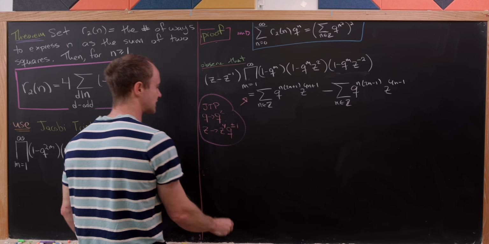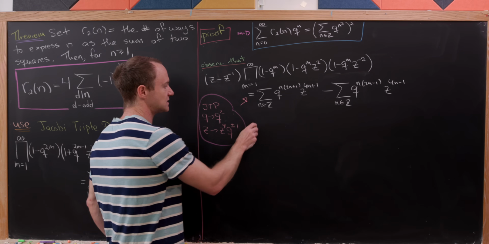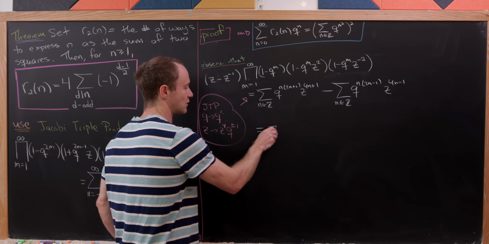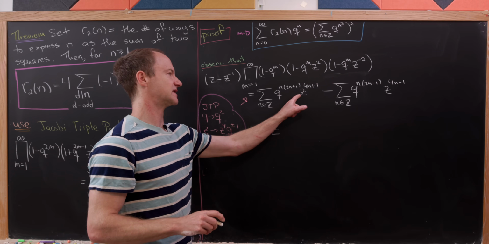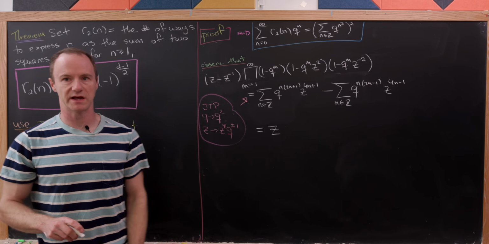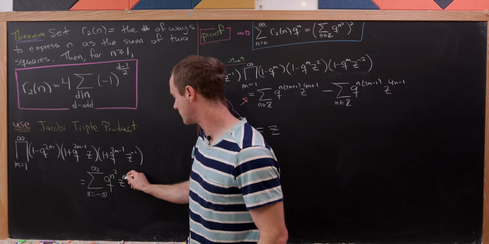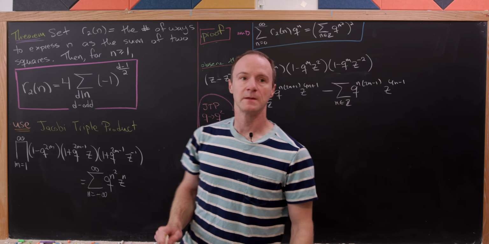So now let's see what the Jacobi triple product identity with that will give us. So for the first one we'll have a z, so that's factoring this z to the plus 1 out and leaving the z to the 4n in there, because that's really what we need this to look like here. That should have been an n from before.